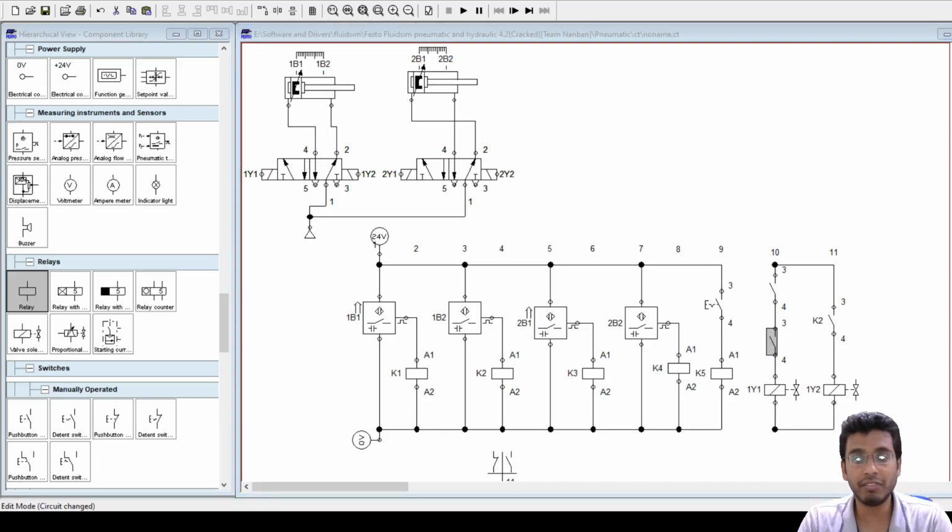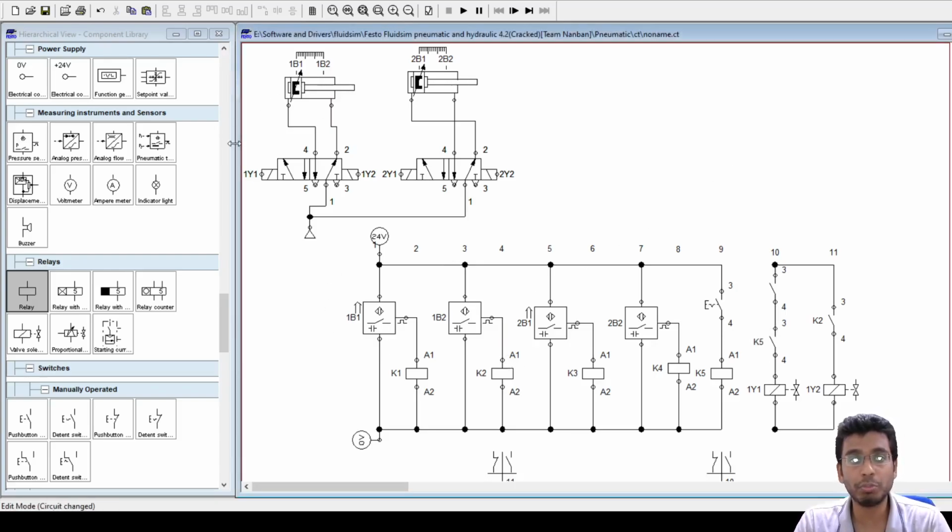So that means K5 will come here, and then I told you the cylinder 1 should also be at its retracted position. That means your K1 relay should also be actuated.